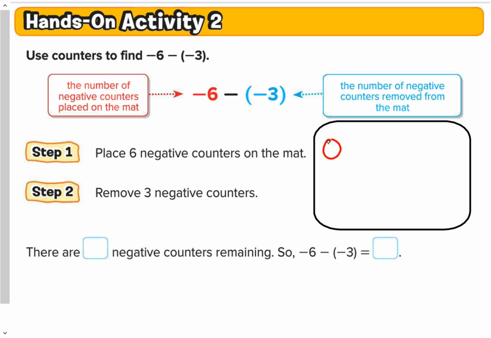So let's start. 1, 2, 3, 4, 5, 6. And this one's easy because we can remove 3 negative counters, since there are 3 negative counters on here already. So what am I left with? There are 3 negative counters remaining. So negative 6 minus negative 3 is negative 3.